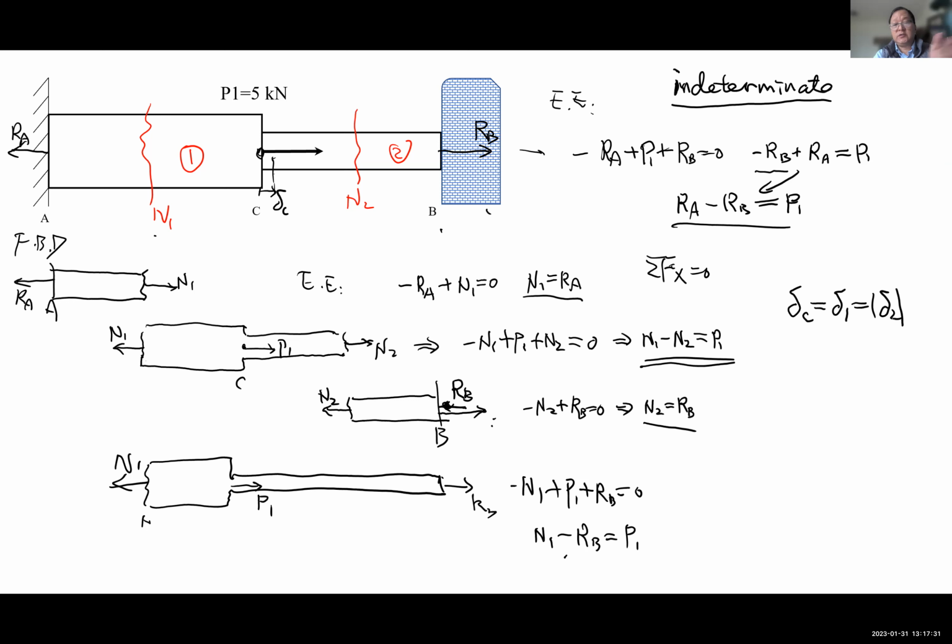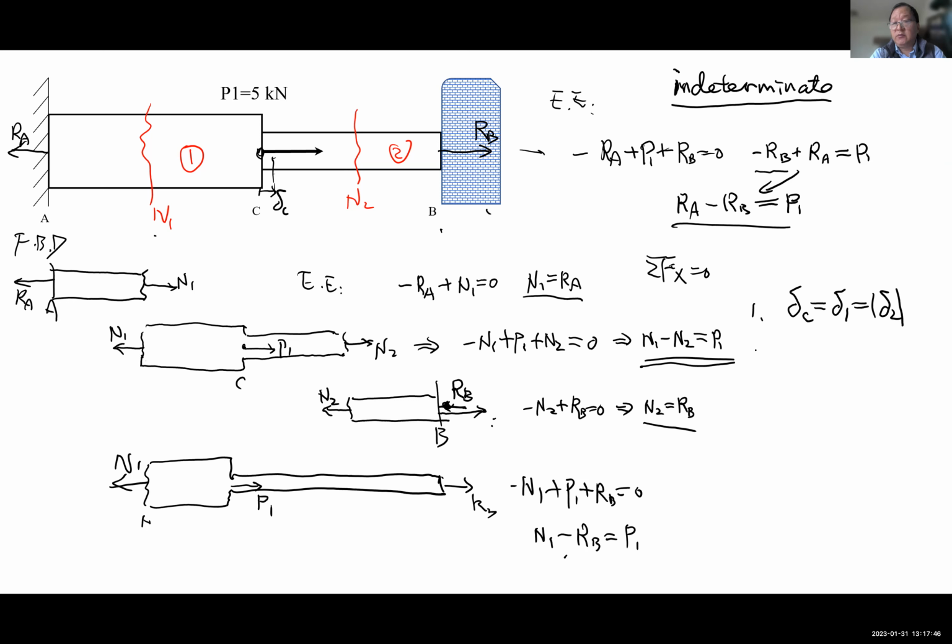That's how this thing can happen, only if you allow this point to move. It deforms. Okay, that's one way of thinking about it.